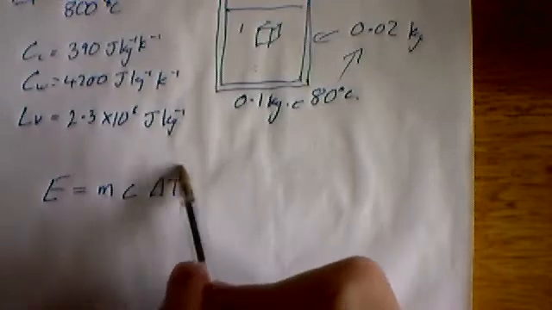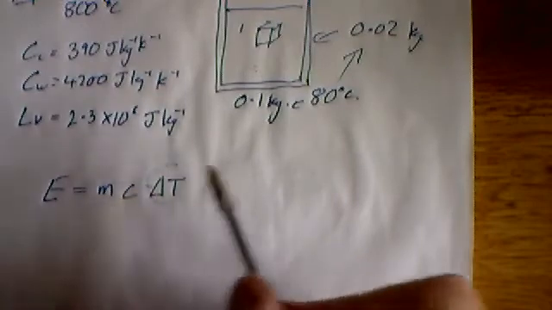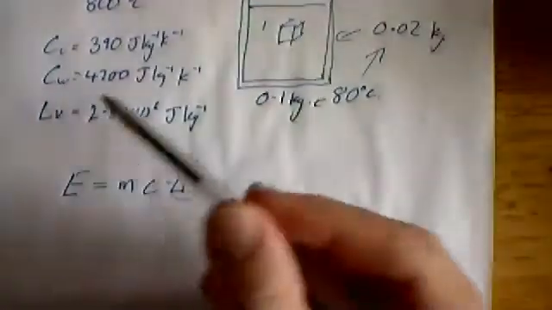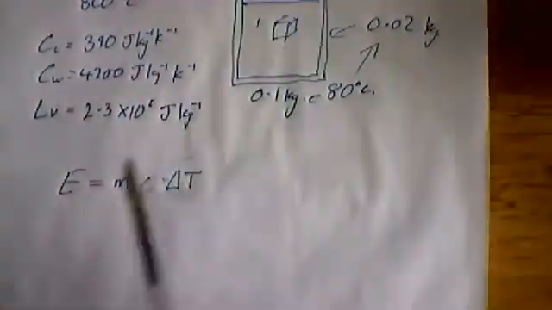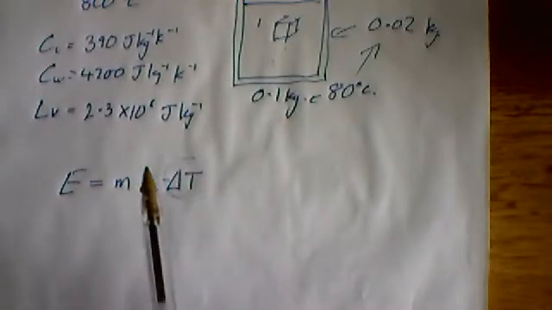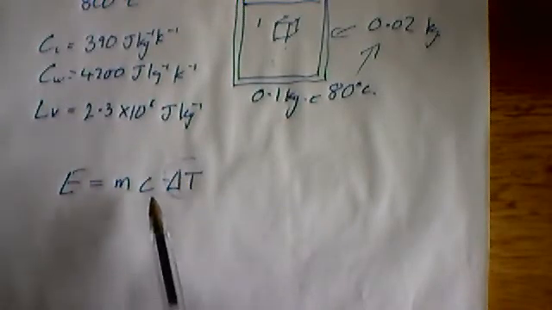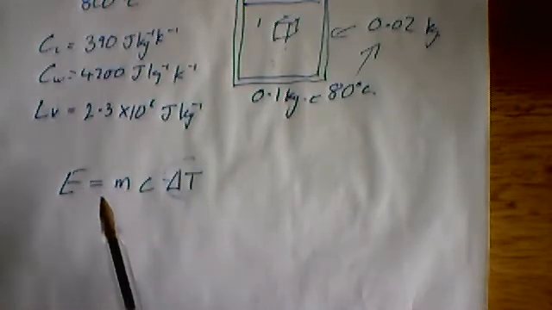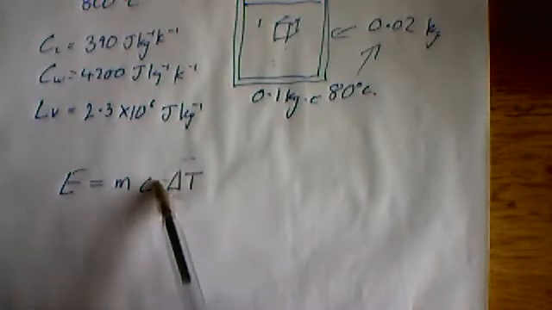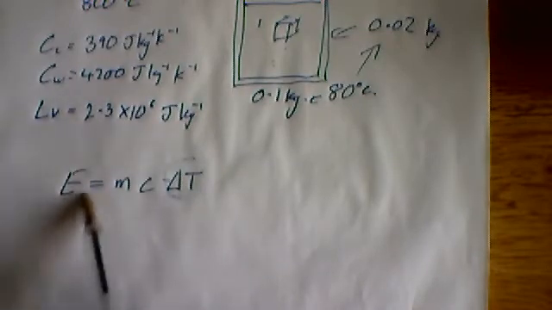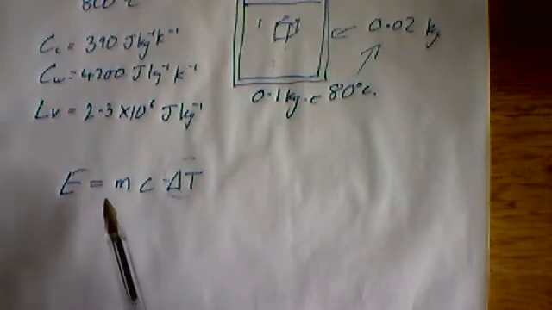This is a drop in temperature, so this should be a negative, which means the energy is negative because it's losing energy. You can shortcut it, but be aware that when you're working these out, if the object's temperature is dropping, you should actually get a negative value for the energy because it's a loss in energy.